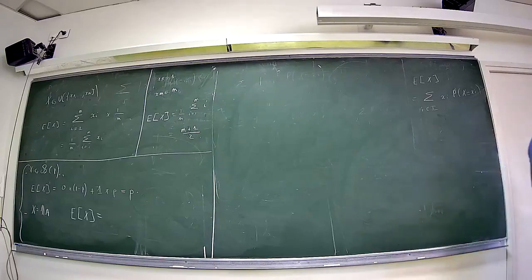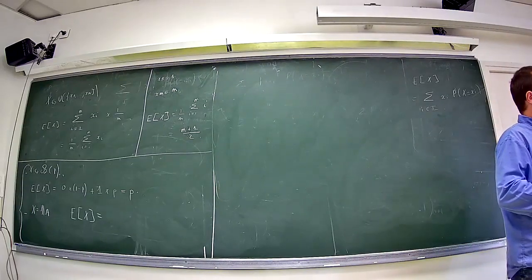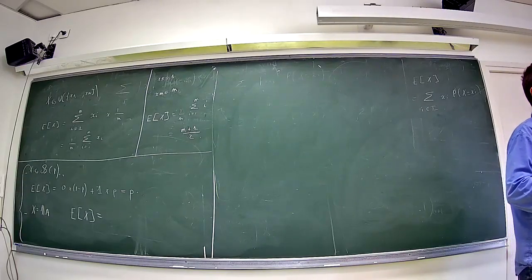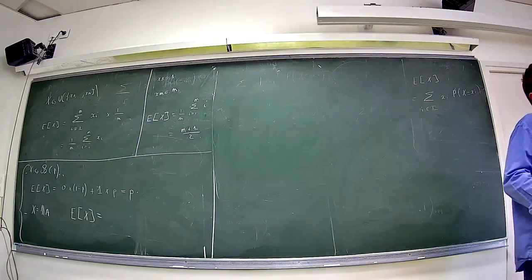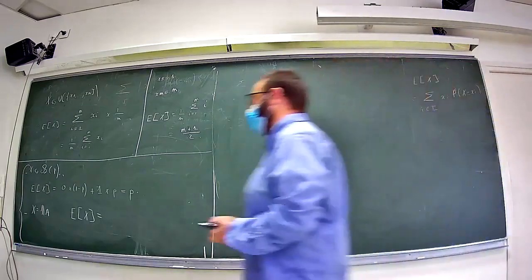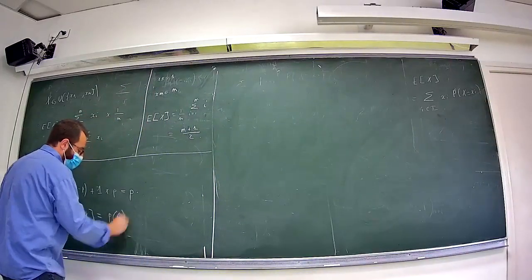We have seen together, so come back to what we have done during the previous session. I have proved that an indicator function follows the Bernoulli of parameter P of A. So the expectation of Bernoulli being the parameter, the expectation of an indicator function is just P of A.